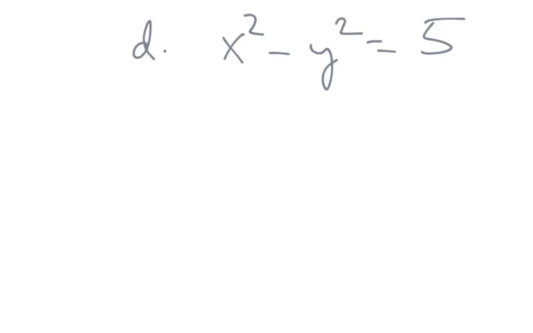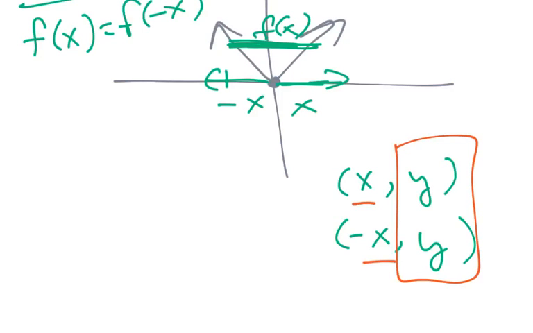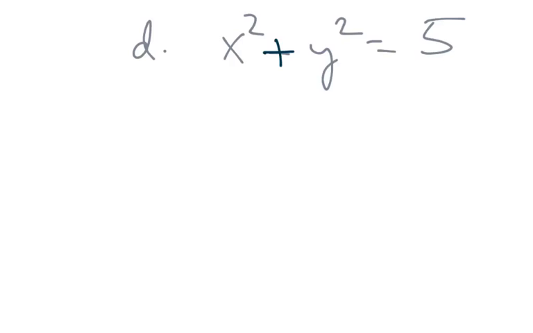We haven't played with this. We have played with x squared plus y squared equals 5, and we know that is a circle, but I have no idea what's going on with x squared minus y squared. But I do know this: whatever x or y value, whether they're positive or negative, they become the same value.